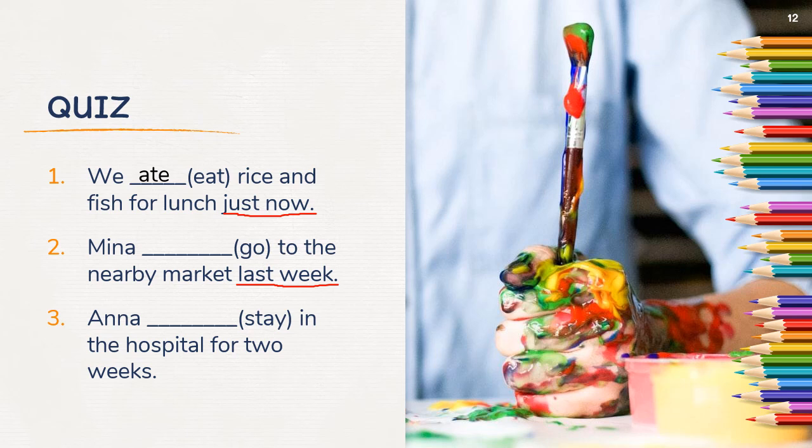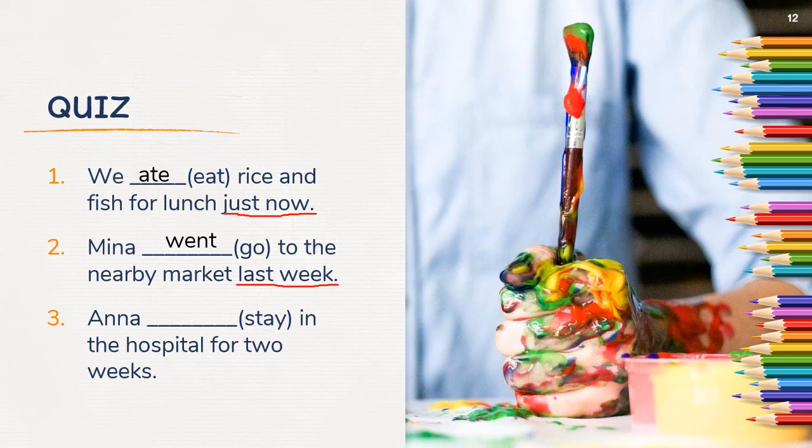Now, since last week indicates past tense, so the past tense of go is... went. So the answer here, went. Well done. Meena went to the nearby market last week. Now let's look at the last question.